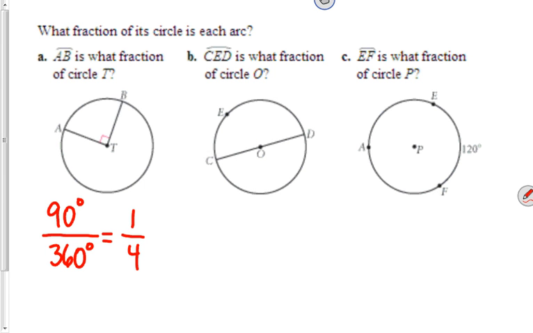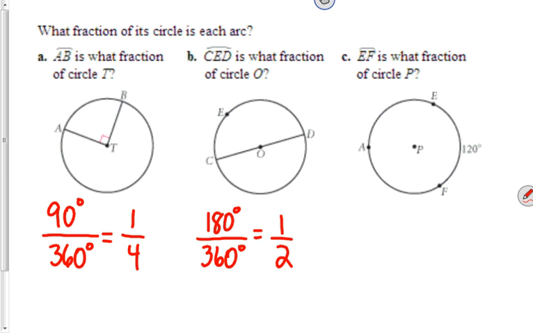Let's go to part B. Arc CED is what fraction of circle O? Well, we can see that since CD is a diameter, right, we know that arc CED must be a semicircle, or half the circle, right? Well, that means it's 180 degrees out of 360 degrees, which is, again, 1/2.